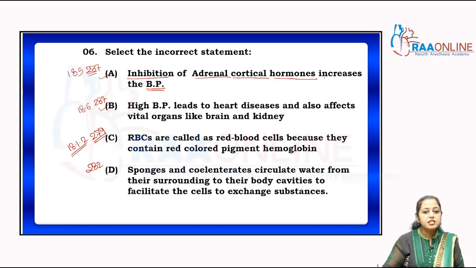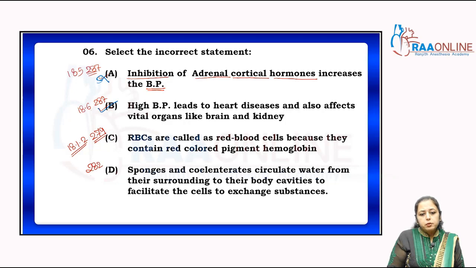So in that statement, what does he say? Inhibition increases the BP? No, inhibition decreases the BP. So that statement is wrong, right? That statement is wrong. Clear? High BP leads to heart disease, correct, and also affects the vital organs like the brain and kidney. It is the exact line of the NCERT related to hypertension, right? So that statement is correct.